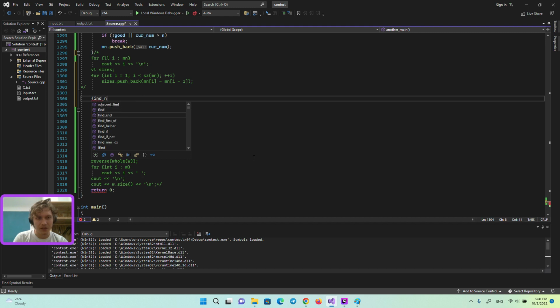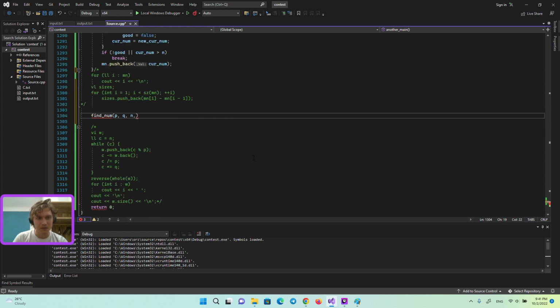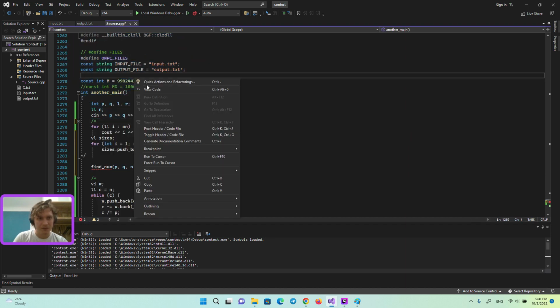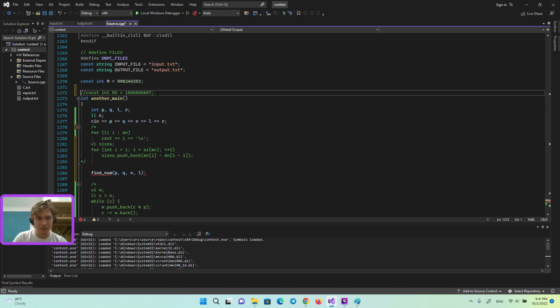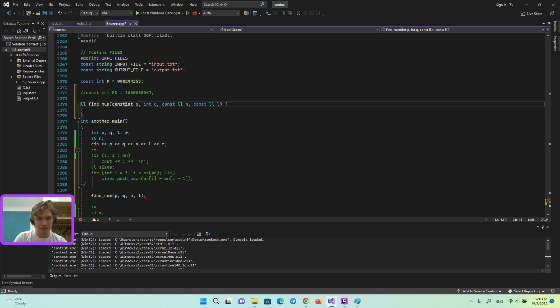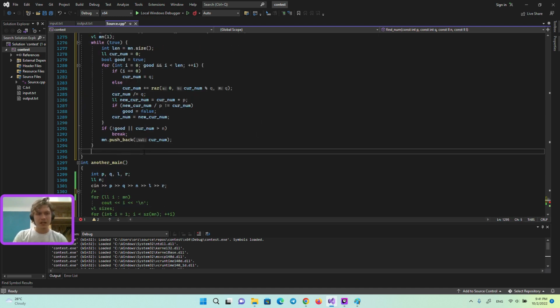find num of p, q, n, l, and this is the first part of it. So what do I do here? I have number n.